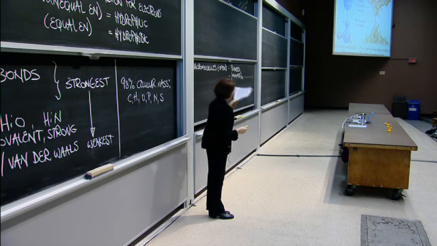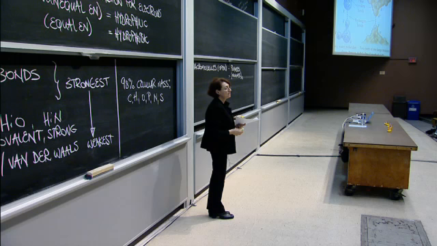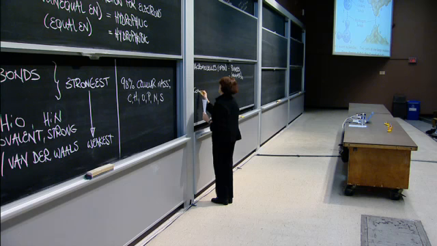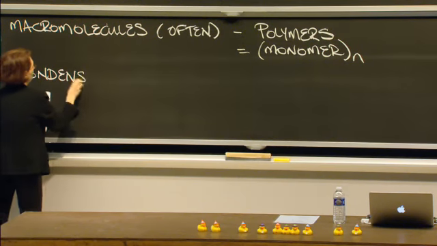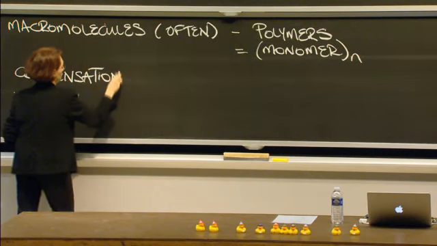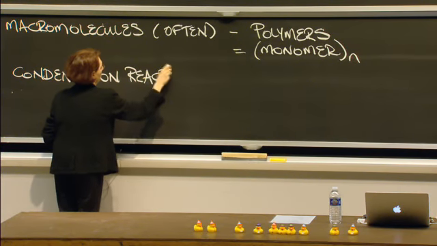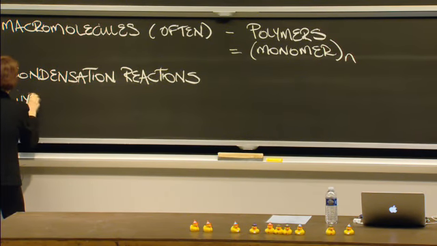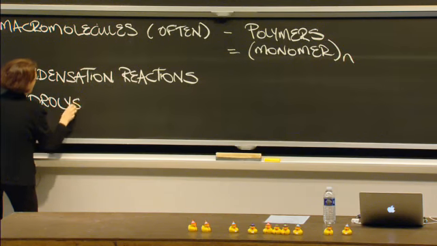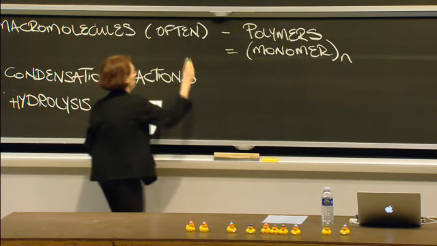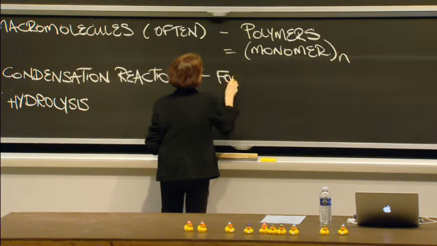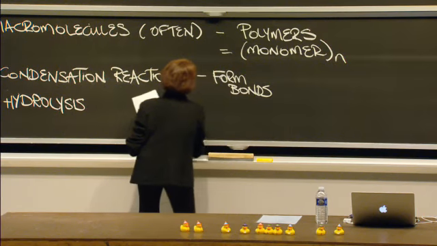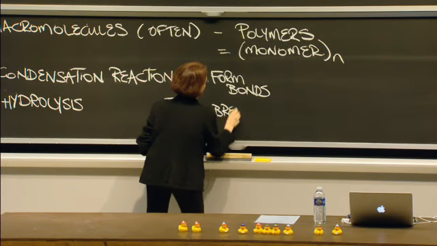And in formation of macromolecules, there are two kinds of reactions that you need to know. They're called condensation and hydrolysis reactions. And they go something like this. Condensation reactions form bonds. Hydrolysis reactions break bonds.